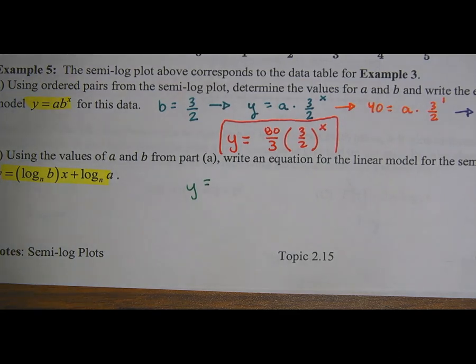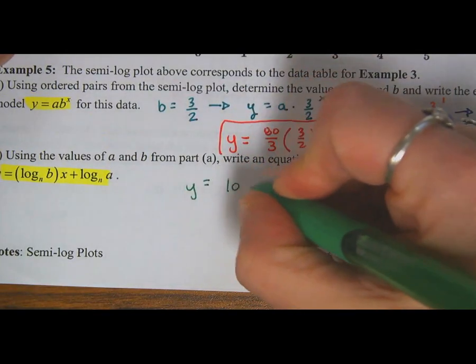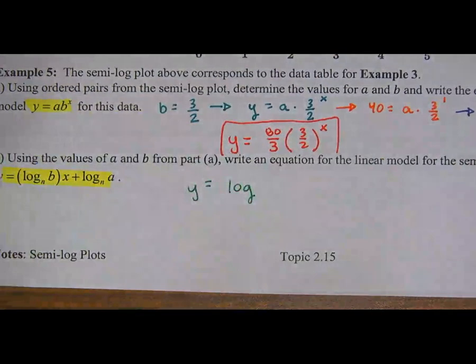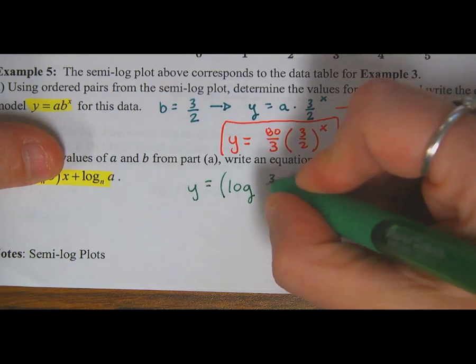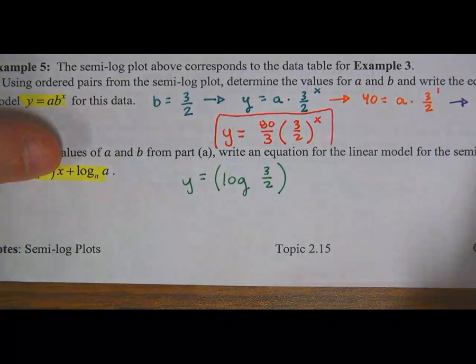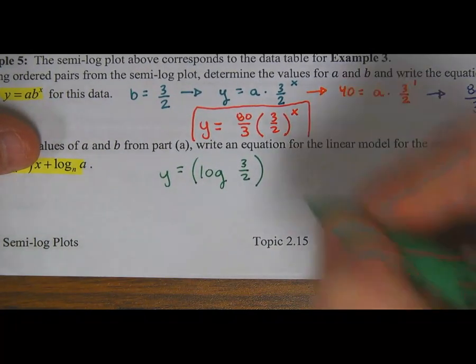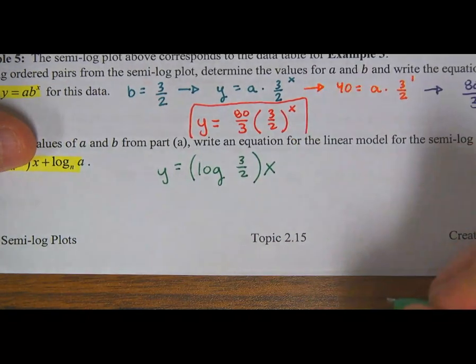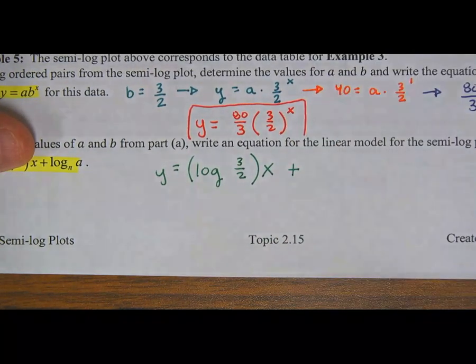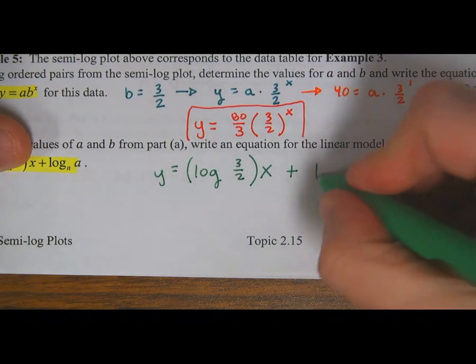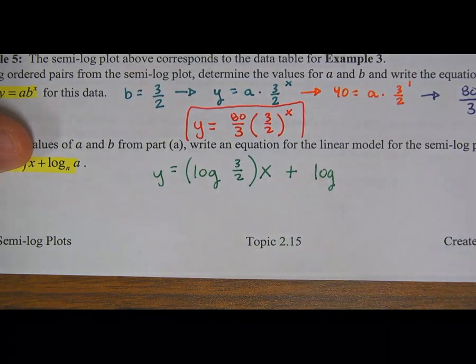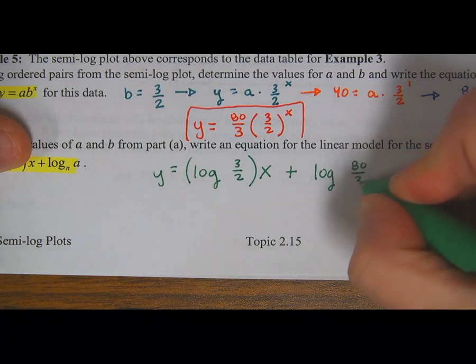In this context, it's going to be log base 10 because this is all in log base 10. It's a semi-log plot. So the slope is log base 10 of b, and we figured out b was 3 halves. So that's m x plus our y-intercept. Our y-intercept is log base 10 of a, and a is 80 thirds.